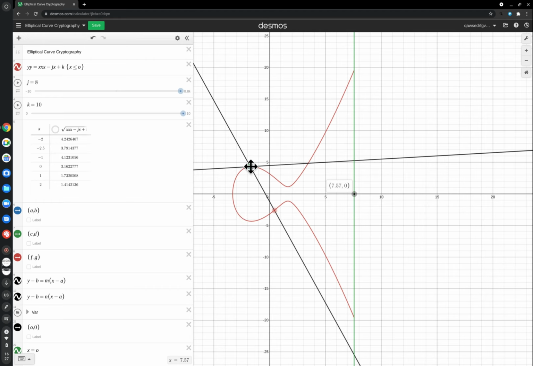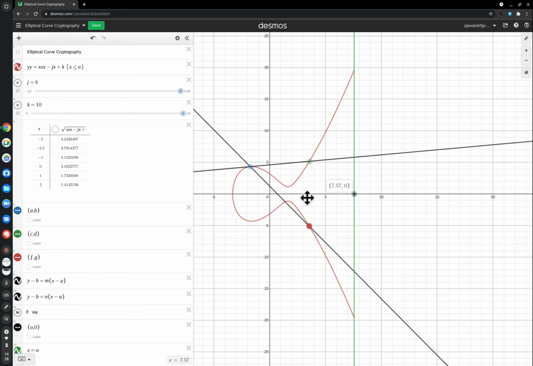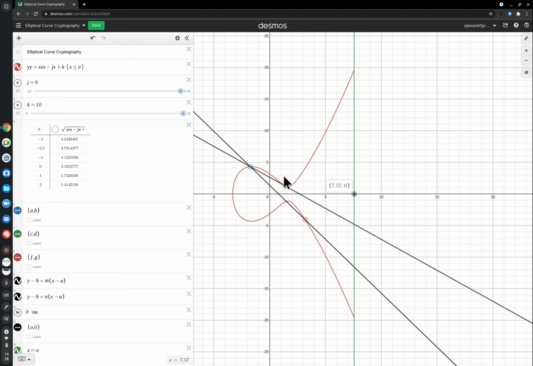Computers can find the tangent line very easily. It's all with derivatives and stuff. You take that point, flip its y value upside down, get a new point, and then start graphing. After n number of cycles, you're going to be left with one ending point, and your private key is going to be how many steps it took.